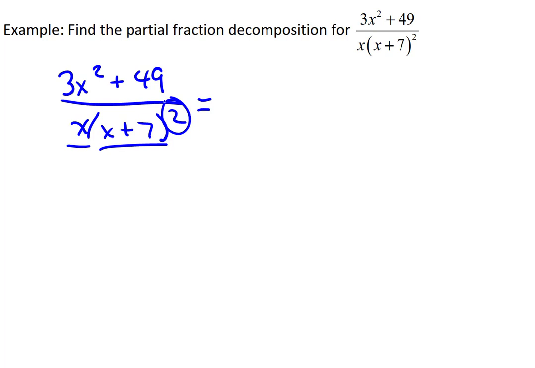So this is what we're going to refer to as a repeated factor. Of course, x plus 7 is linear, but the fact that it's squared means it's repeated, right? That would actually be like an x plus 7 times an x plus 7. It's repeating. Now, that could happen with any power higher than 2, of course. If you had to the power of 3 or higher, that would also count as repeated. So we have one distinct factor, just the x, and one repeated factor. Both of them are linear, which means we're actually combining case 1 and case 2 in this problem.